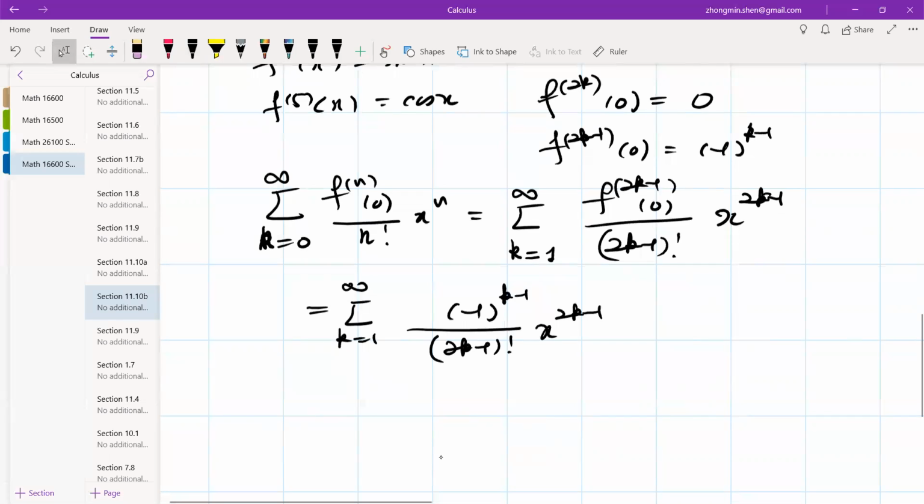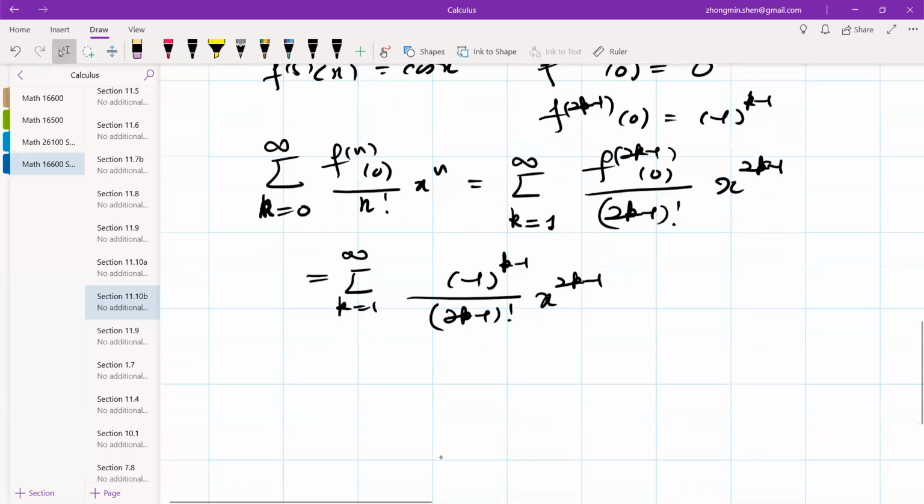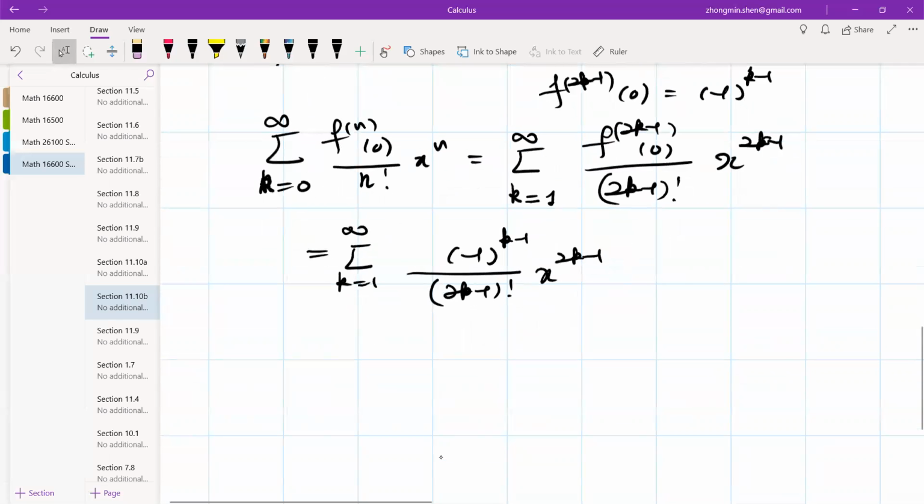Okay. Taylor's contribution is he finds a formula, the following estimate. By Taylor's theorem, he found out the difference between the function and the series.